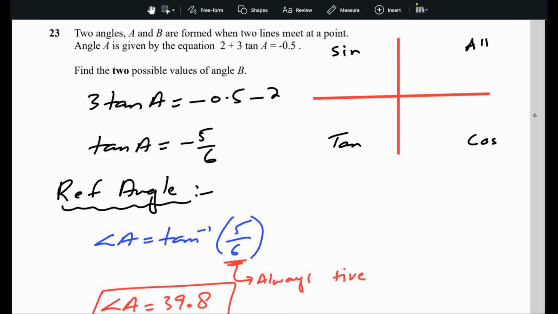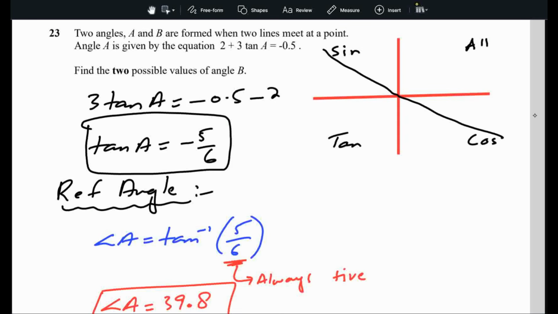Here you can see that the answer for tan is negative. So we know that tan is negative in these two quadrants. Now we have to draw the reference angle, 39.8, in each of them.